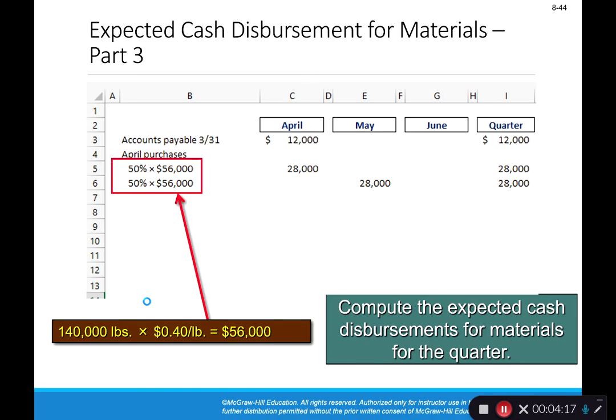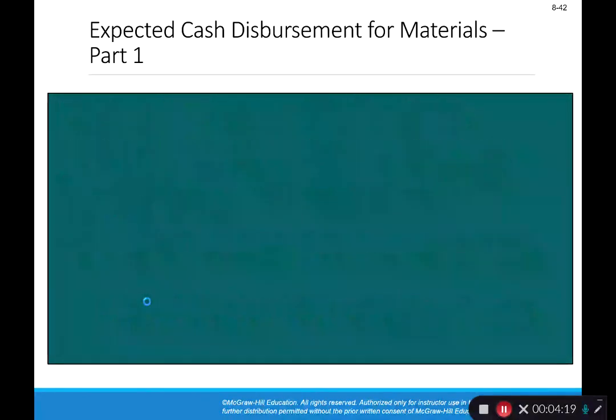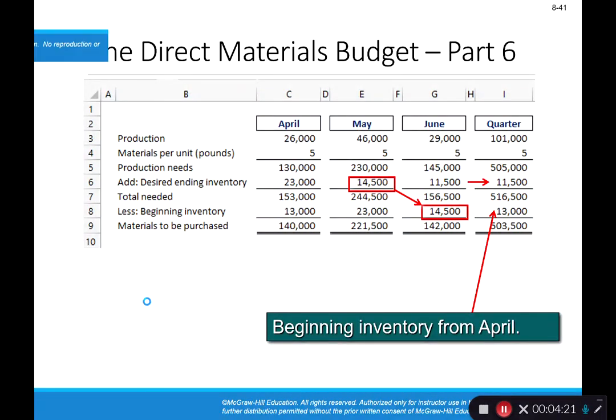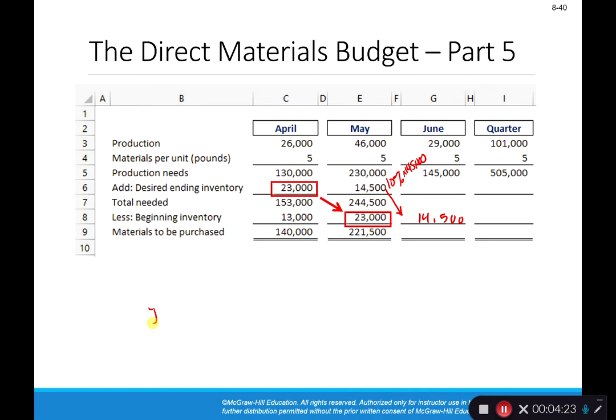So they would have to give us that information. So our July production needs are 115,000. That would have to be given again. They'd have to tell us that amount. And then we'd multiply that by 10%. And then we would get 11,500.